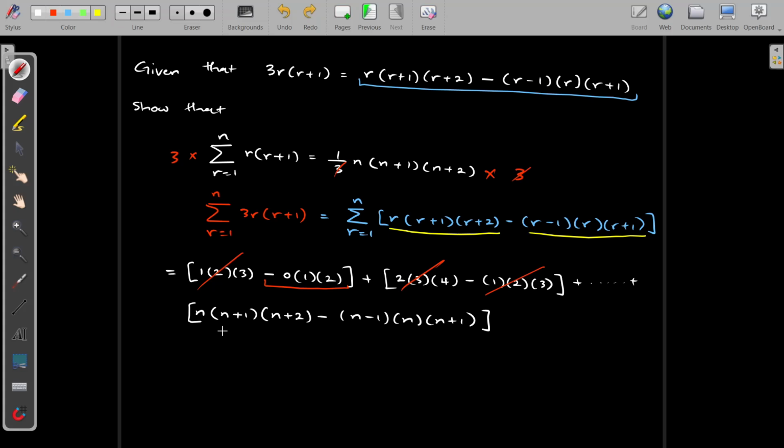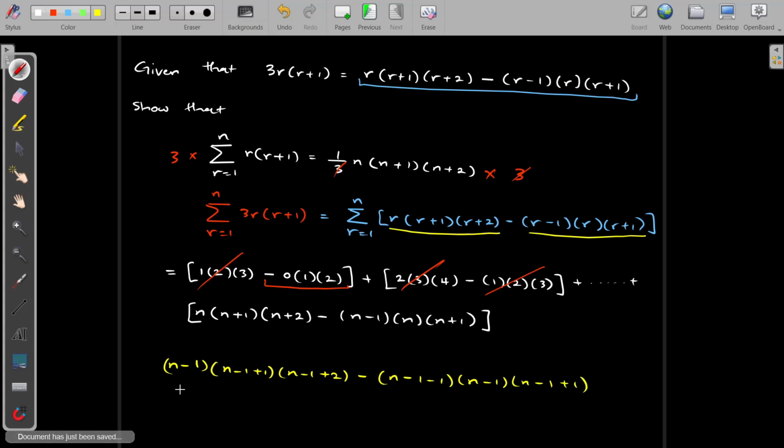So the term before the nth term is n minus 1. So we can replace all these r's here with n minus 1. So that will give us n minus 1 times n minus 1 plus 1 times n minus 1 plus 2 minus n minus 1 minus 1 times n minus 1 plus 1.